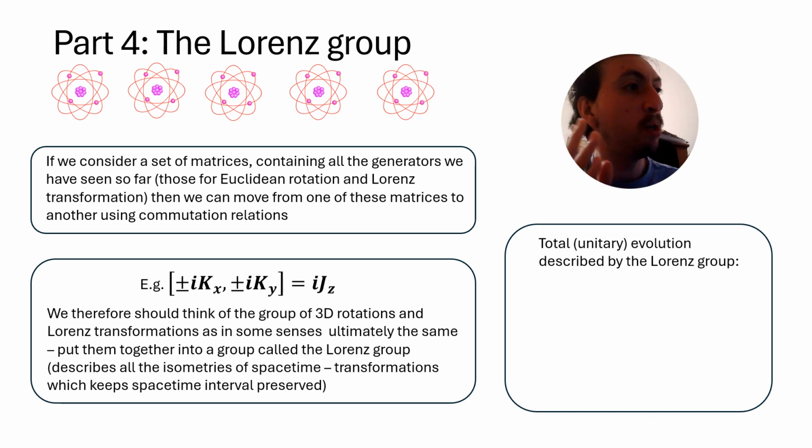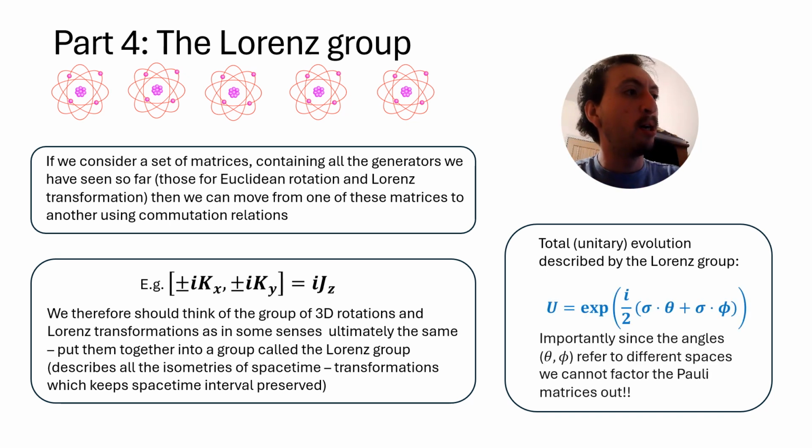And if we're looking for the unitary evolution described by the Lorenz group, so described by rotations or Lorenz transformations, but now thinking of them as part of the same group, we can represent it as a unitary matrix, which is going to be e to the i of something, and that something has to be a Hermitian matrix.